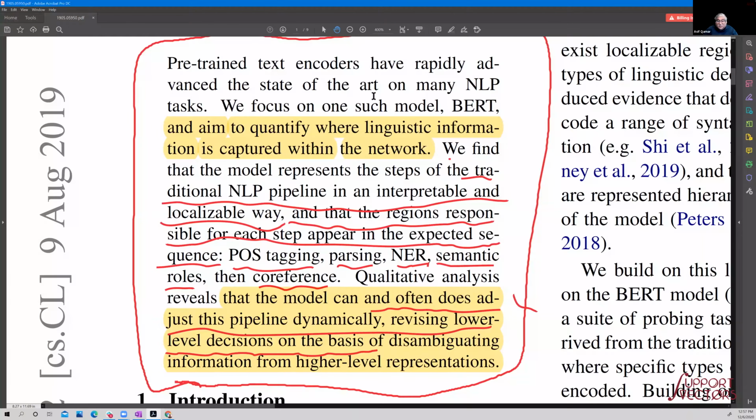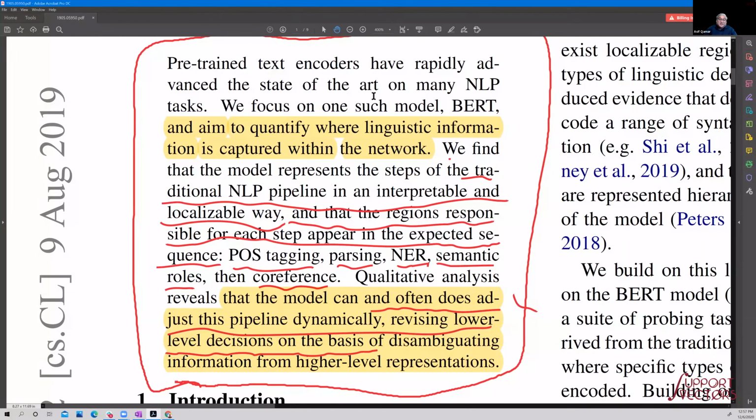Then they say qualitative analysis reveals that the model can, and often does, adjust this pipeline dynamically, revising lower level decisions on the basis of disambiguating information from higher level information. The example they gave is a sentence that contains the word Toronto, but the sentence is deliberately crafted such that Toronto refers to a sports team. So what will the early layers do?